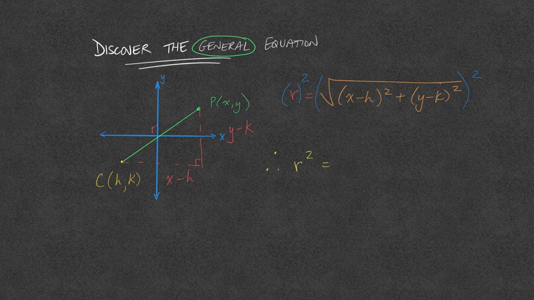R squared is going to equal x minus h squared plus y minus k squared. And that represents a circle with a center anywhere. We would just call that center H and K. And a radius of R.